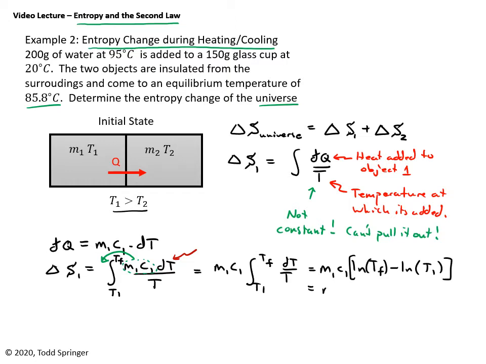By the rules of logs you can combine this like this, Tf over T1. Okay, so that's the entropy change of object 1.